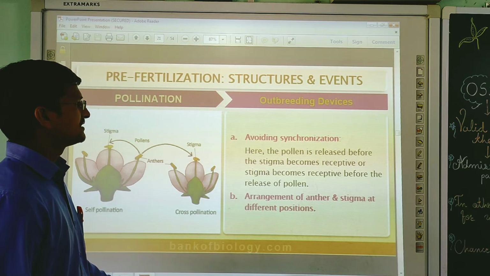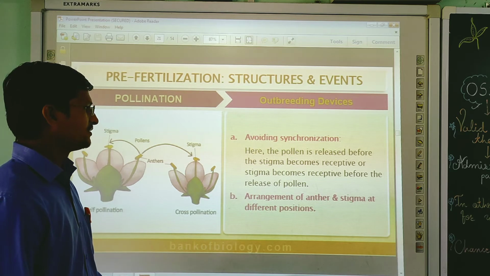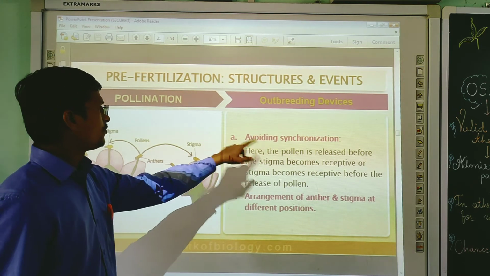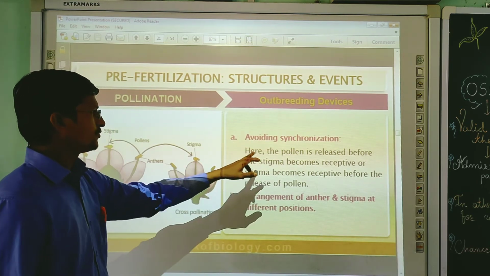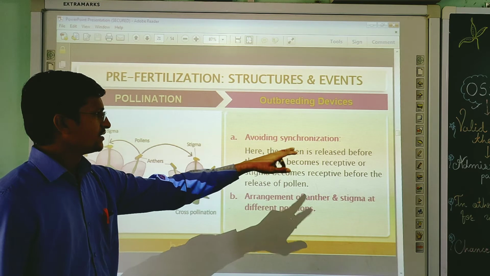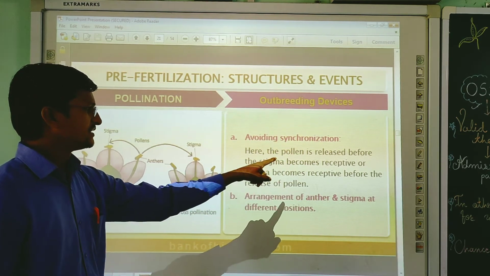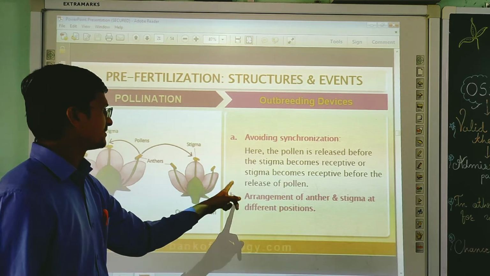So avoid the synchronization, and arrangement of anther and stigma at different positions. So first is avoiding synchronization. Here the pollen is released before the stigma becomes receptive, or the stigma becomes receptive before the release of pollen.